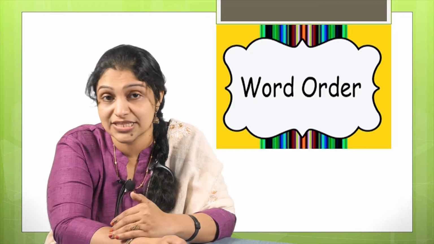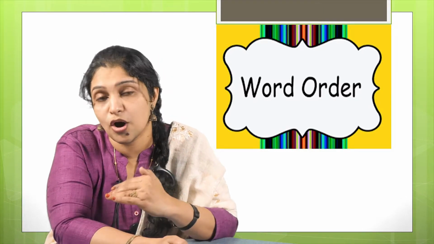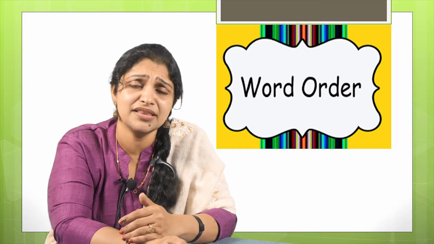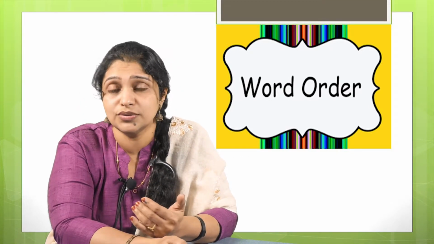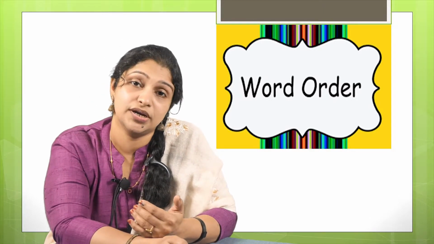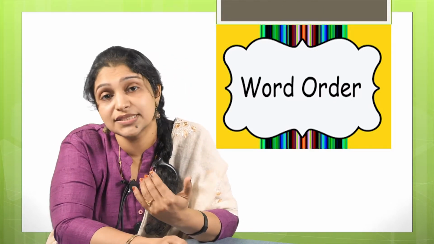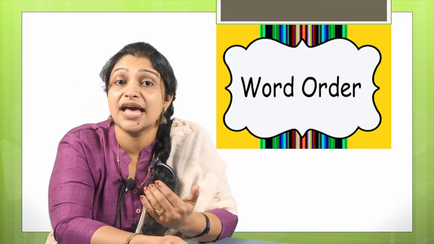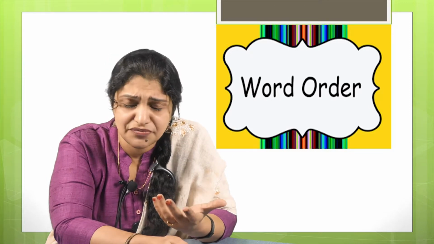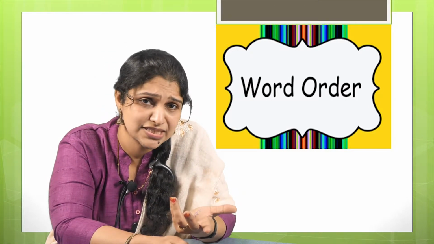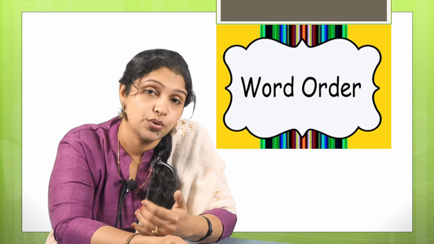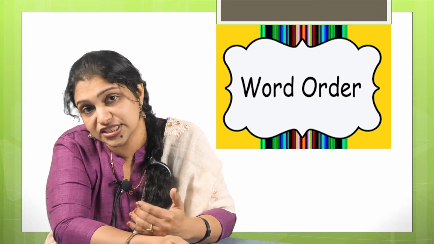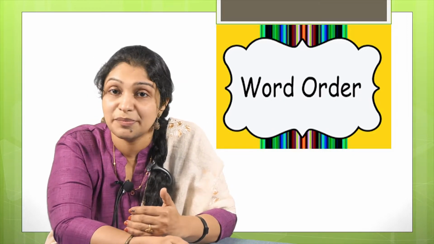That doesn't mean that every language accommodates such a word order pattern. There are many languages with SOV, VSO, or OVS patterns. There are, I think, almost six or eight kinds of word order patterns. But in English, it is the subject, verb, object, SVO pattern.